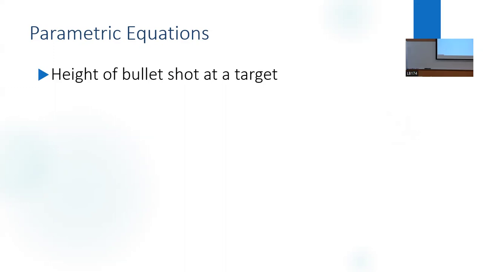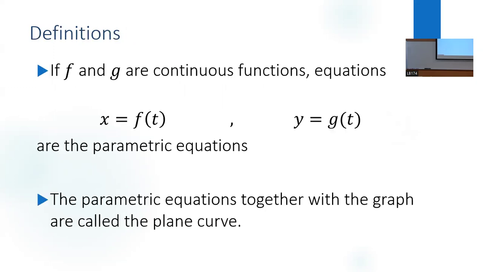Your path of travel is important, but when you're at the precise locations, that's also important. And so we're going to get one equation to give us the x, one equation to give us the y.